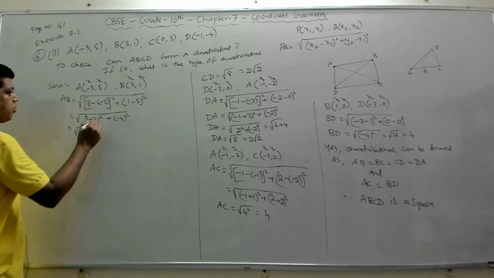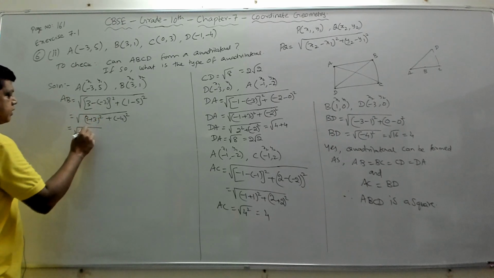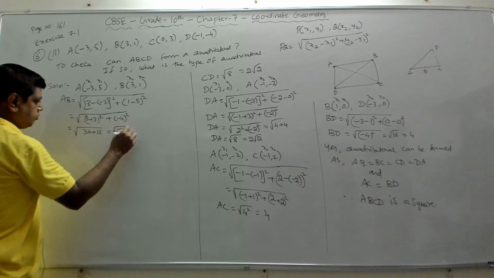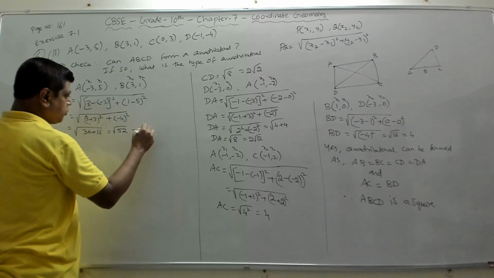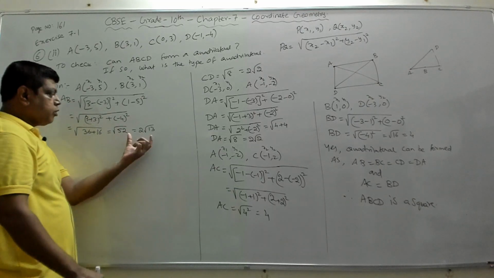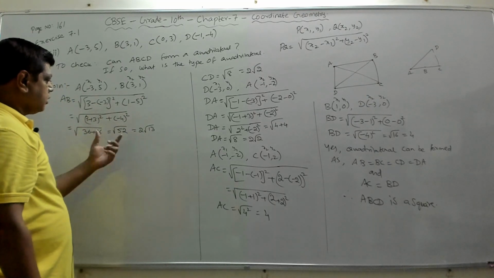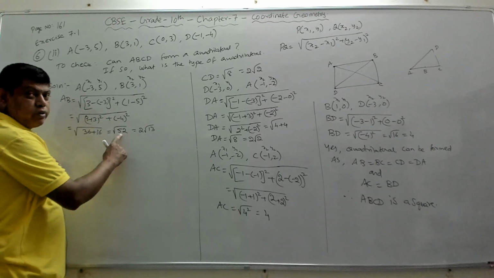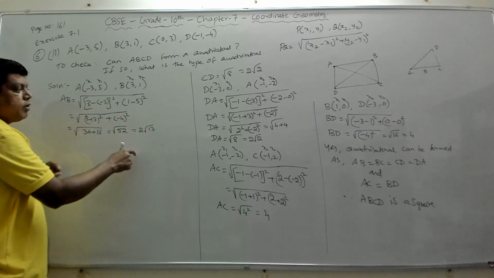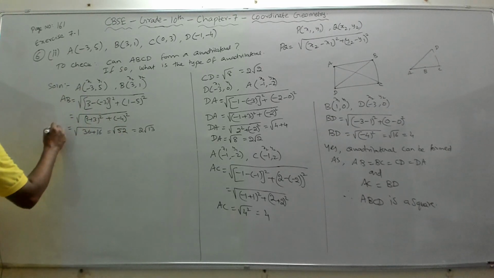So 3 plus 3 is 6, 6 square is 36 plus 4 square is 16, which gives you square root of 52. And square root of 52 can be written as 2 root 13. 52 can be written as 4 into 13, and 4 will come out of the root, it will become 2, since square root of 4 is 2, so 13 will be inside the square root. So that is your AB.